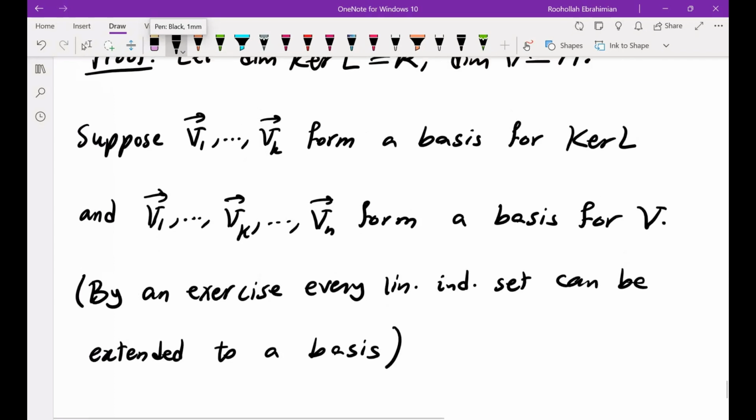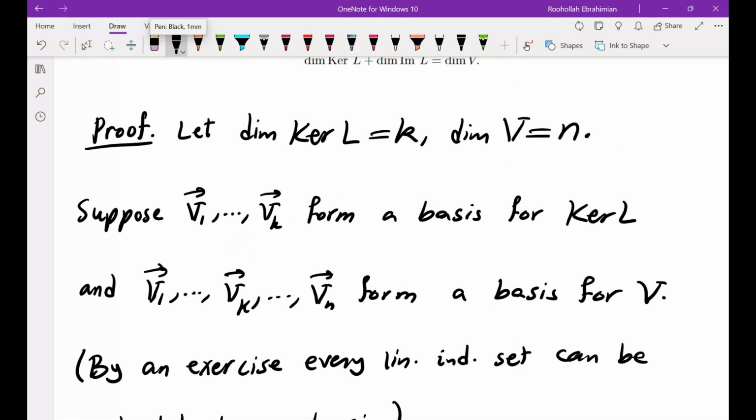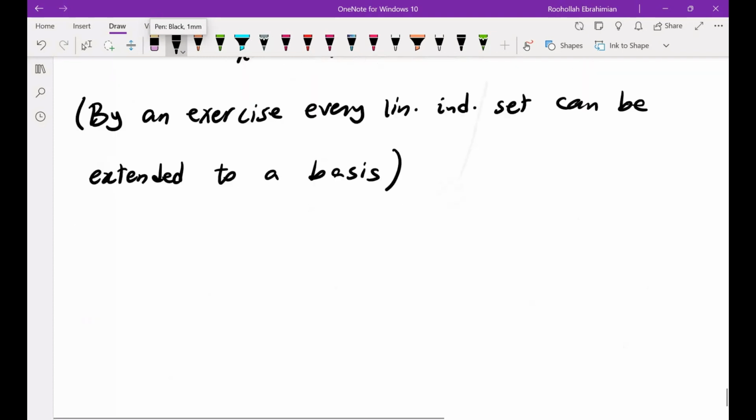So what does that mean? It means if I start from v1 through vk, then I can extend it to a basis of the entire space. Now what I'm going to do is show the rest of them are going to give me a basis for the image.